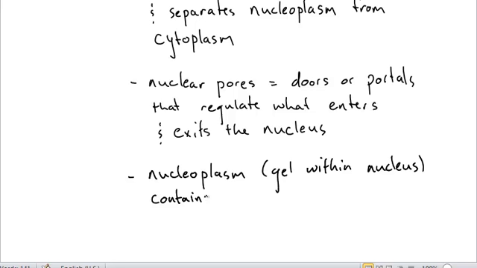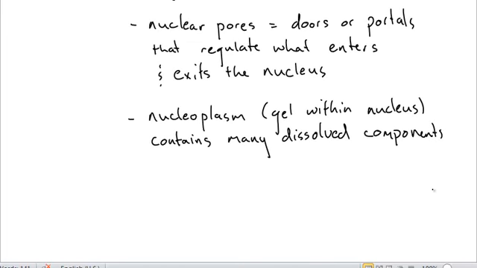Contains many dissolved components. Too many to list, but I want you to come up with a few of them. What's the big thing that's going to be sort of inside that gel? The whole purpose of the nucleus. Hopefully you came up with DNA.